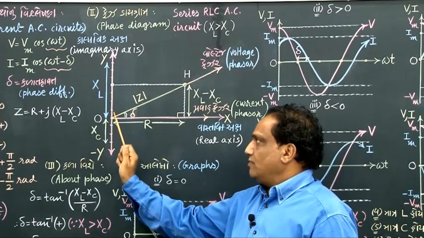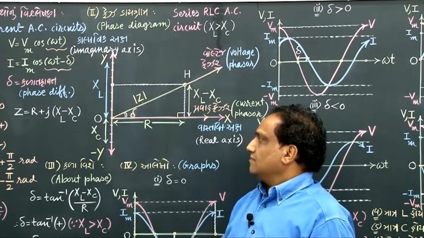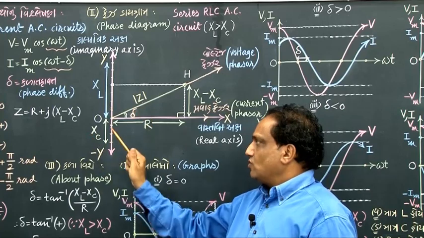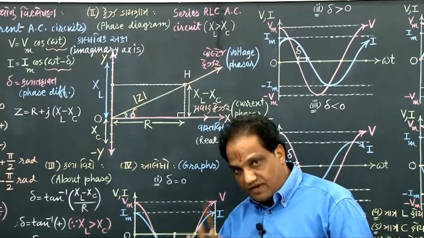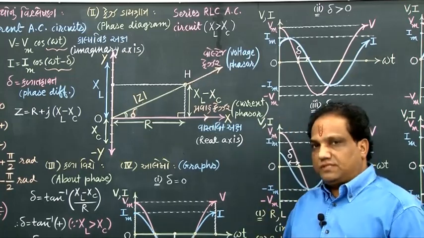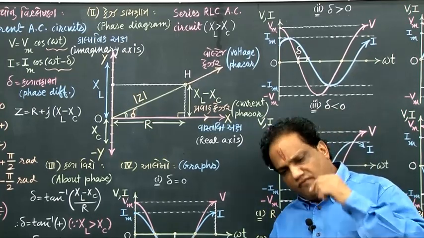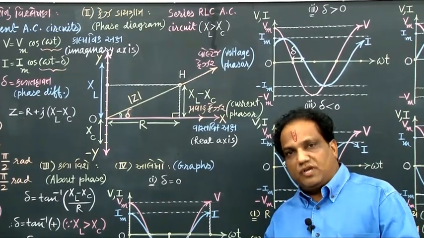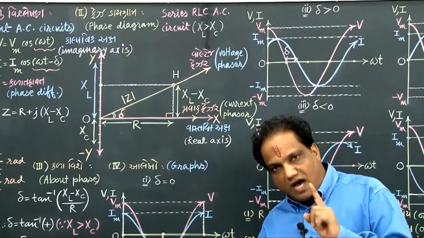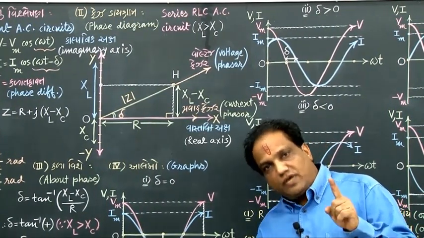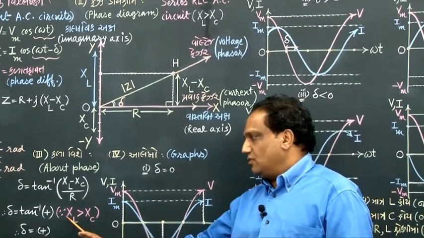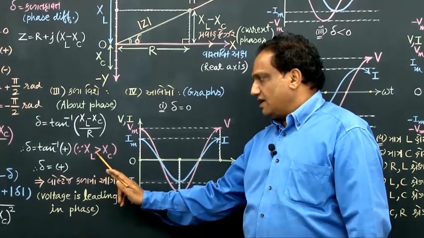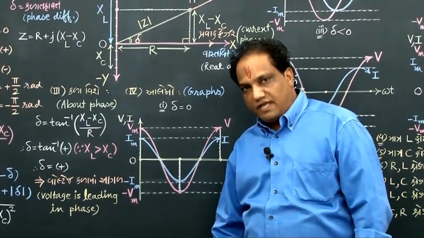XL is always to be shown on the positive y-axis, and XC is always to be shown on the negative y-axis. Now at present, RLC, everything is there, so we must show R, XL, XC in the diagram. But what is the possibility you have taken at present into consideration? XL greater than XC.